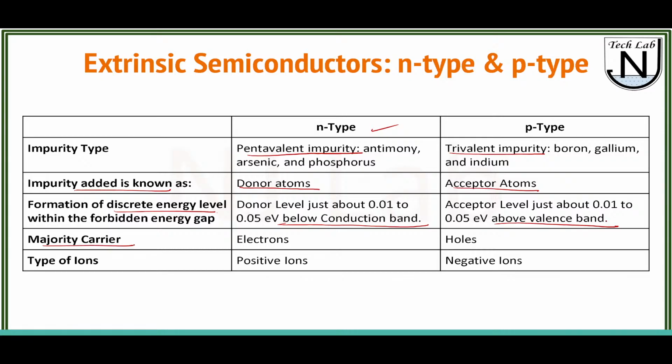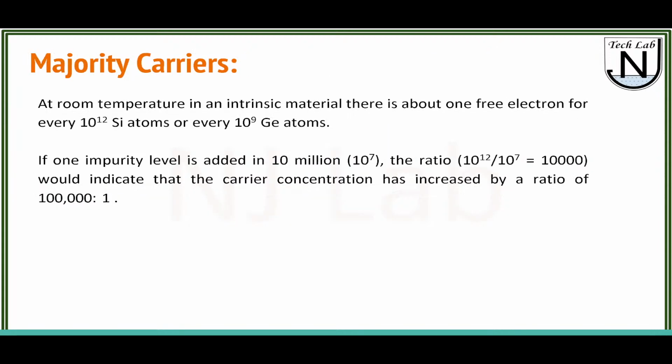The majority carrier in n type is electrons, in p type it is holes. In n type, the impurity atoms will be converted into positive ions, and in p type, the impurity atoms will be converted into negative ions.